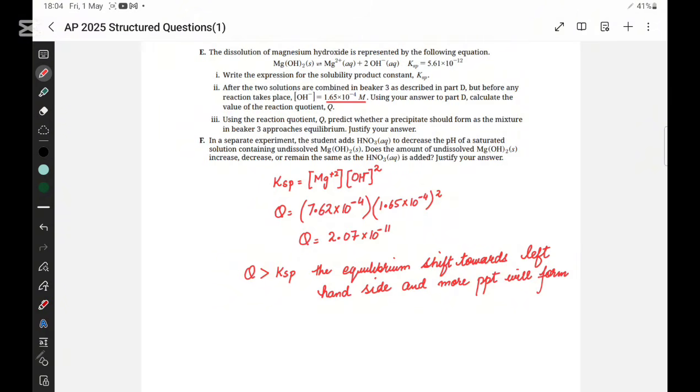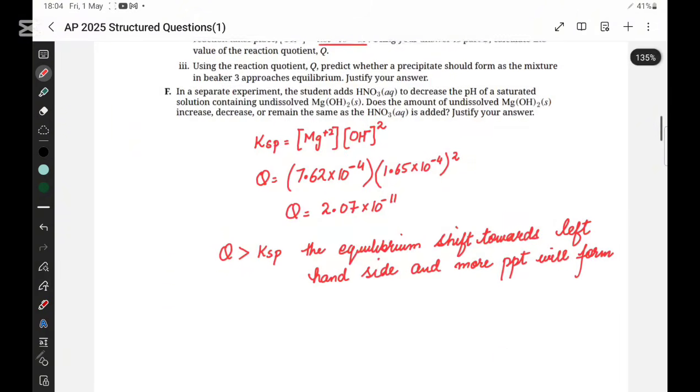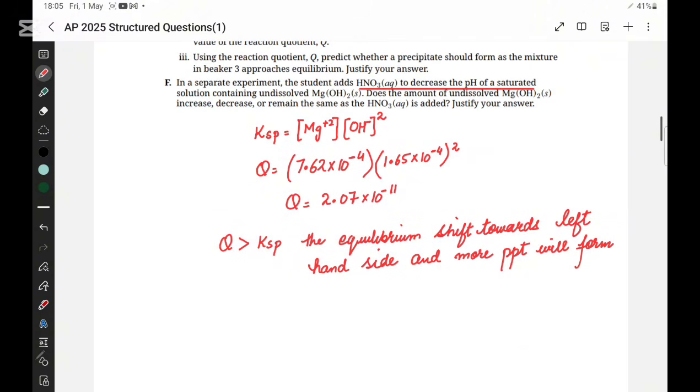In the next part, they are saying in a separate experiment, the student adds HNO3 to decrease the pH of a saturated solution. Does the amount of undissolved magnesium hydroxide increase, decrease, or remain the same? We know we have the equation Mg(OH)2, and an equilibrium is established with Mg 2 plus and hydroxide ions in aqueous form.